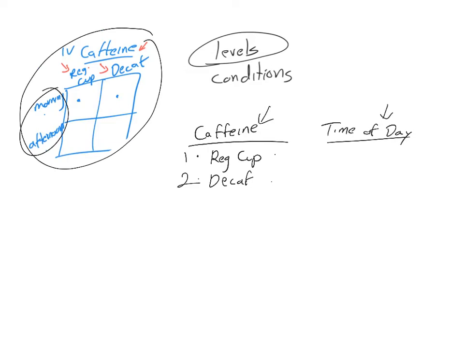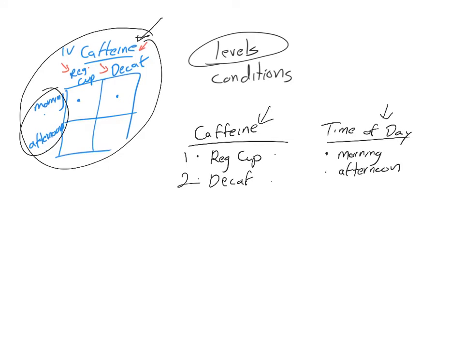If I said something along the lines of, I had some participants have a regular cup of coffee, some a decaf cup of coffee, and I had some participants go in the morning and some in the afternoon, my suggestion would be draw this. So, okay, in this case, participants can experience two situations related to time of day. They can experience the morning or afternoon.